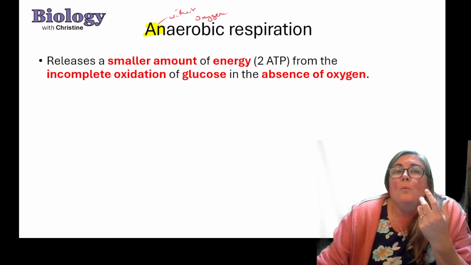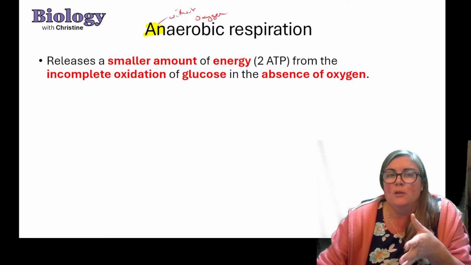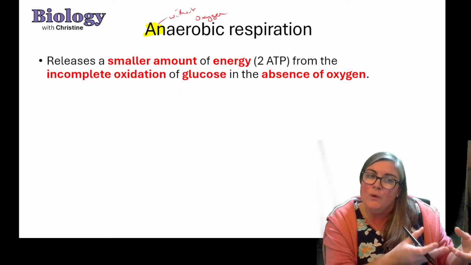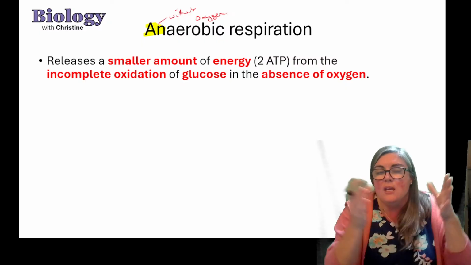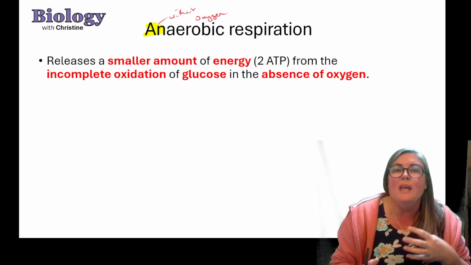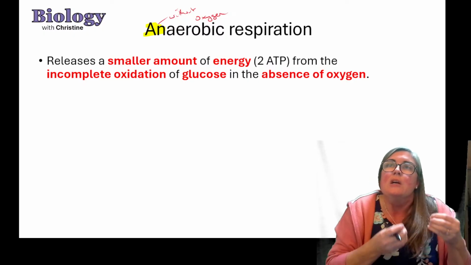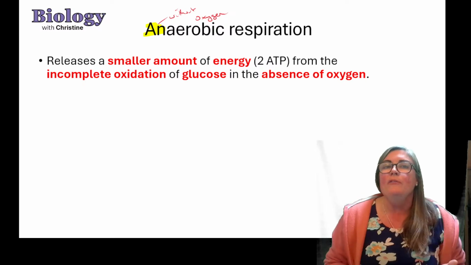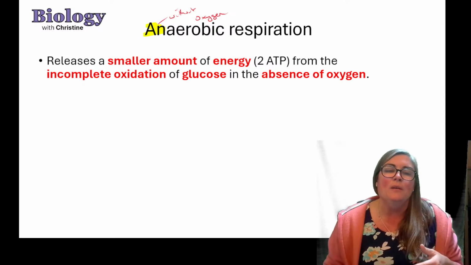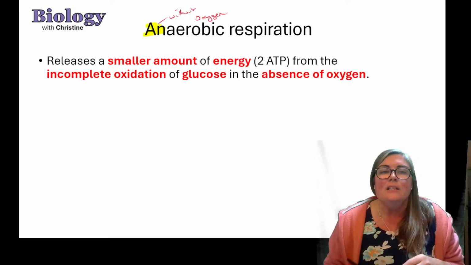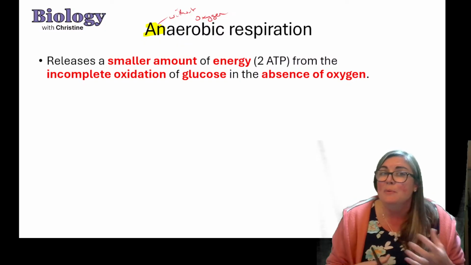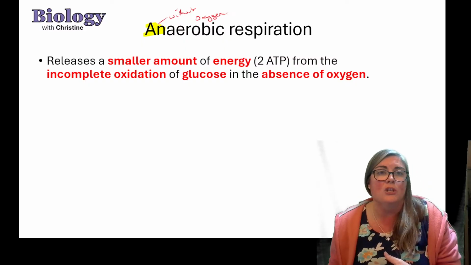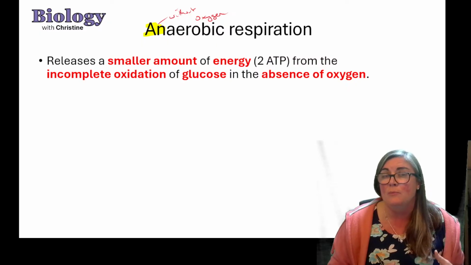So what's the point in anaerobic respiration? Well, aerobic respiration happens with the presence of oxygen and the breaking down of glucose, producing ATP molecules, as I said before. However, it takes time for the oxygen to get there. So before the oxygen has been supplied to the mitochondria for aerobic respiration, we actually do anaerobic respiration.